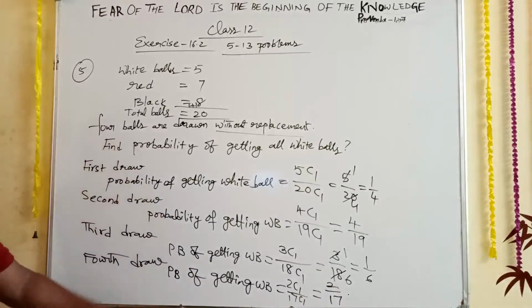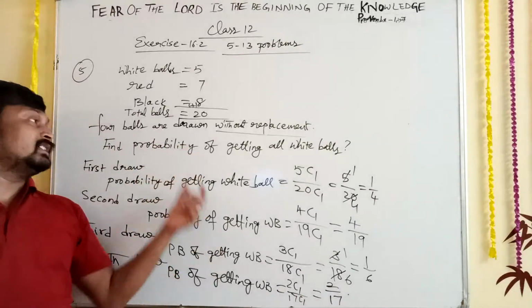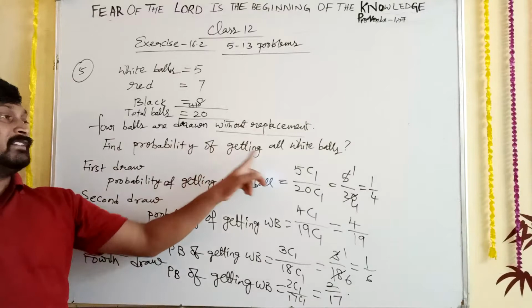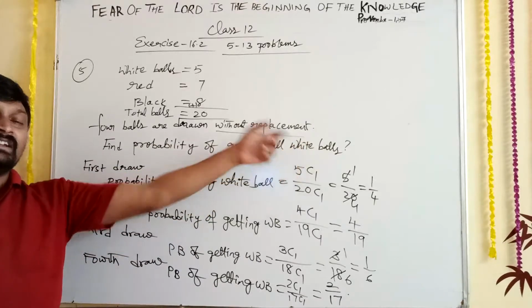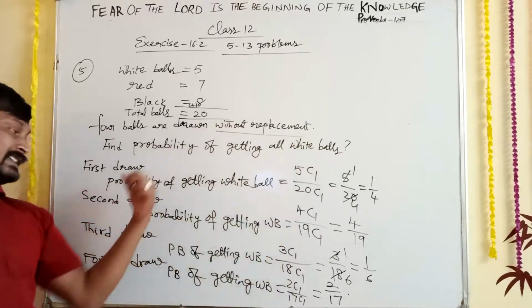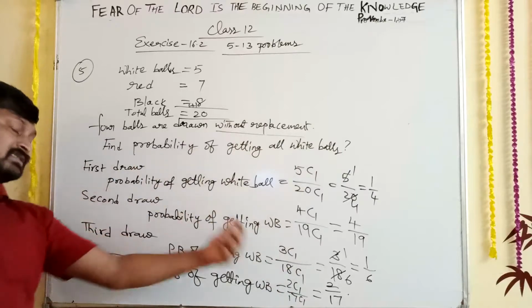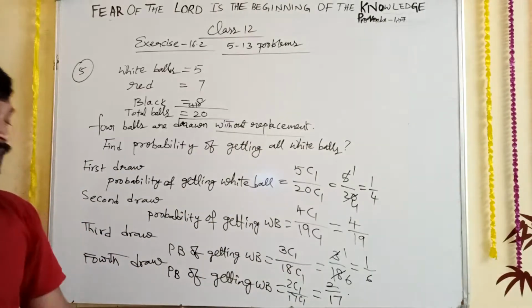So now four draws came, and we need to find the probability of getting all white balls. The first draw is a white ball, the second draw also, the third draw also, the fourth draw also white ball.